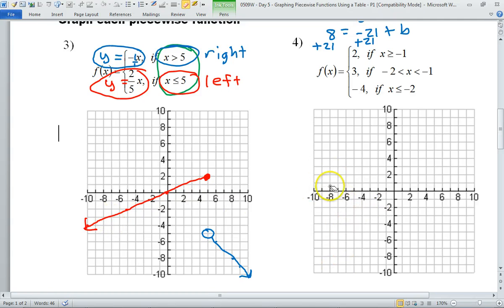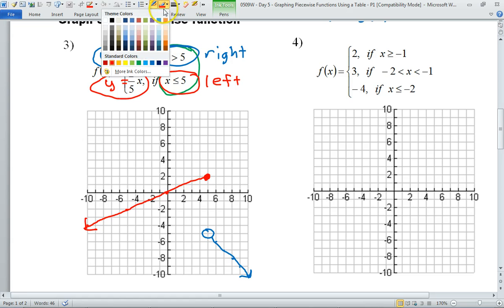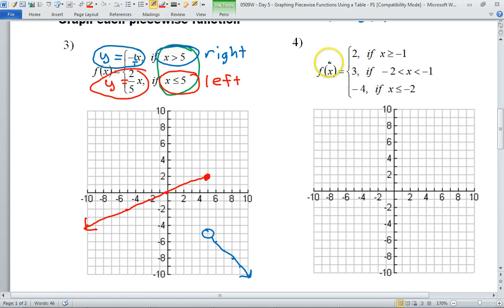All right, number 4. These are all going to be little horizontal lines, yes? For example, this first one, y equals 2. That would be a horizontal line at 2, like this.